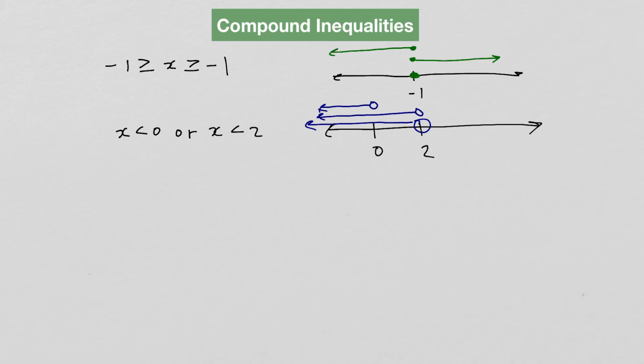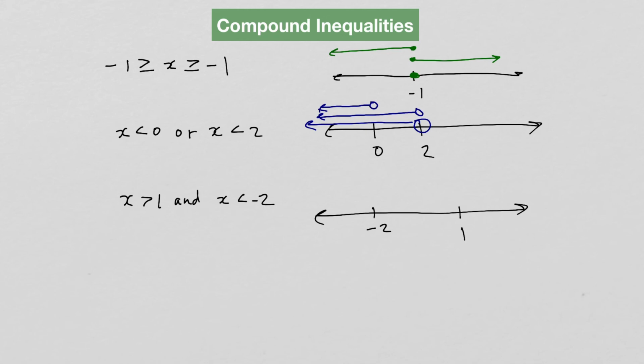Okay? So hopefully this is starting to make sense. Let's take a look at another problem. Let's suppose x is greater than 1 and x is less than -2. Okay, so let's graph this on the number line. We've got -2 and 1.